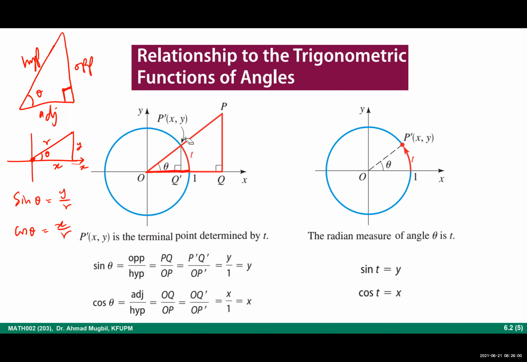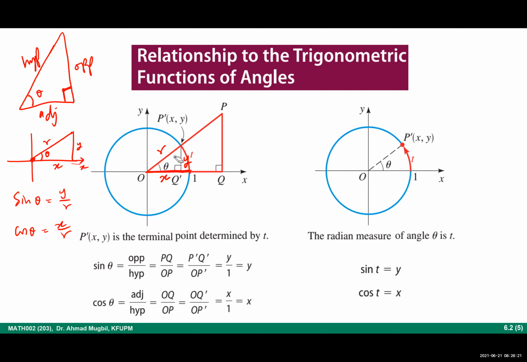So now let's think about the triangle itself. Let's take this triangle. According to that, this is y, this is x, this is r. But as you know, ya shabab, this point is not on the unit circle.